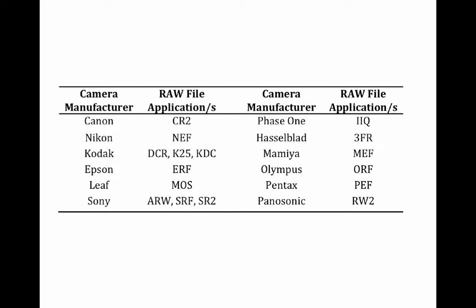Phase One and Hasselblad and Mamiya are medium format cameras, and they have their different file formats again for RAW. Olympus, Pentax and Panasonic, back to the 35mm or digital SLR, have different file extensions as well. But all those extensions after the file name are all considered RAW. They're the same in the sense that they're raw and unprocessed, but they're different in the sense that they're proprietary software or proprietary applications.